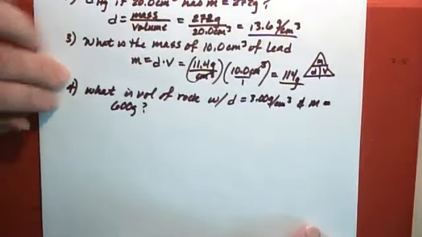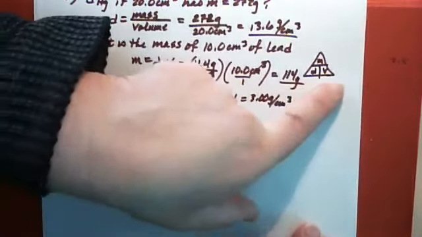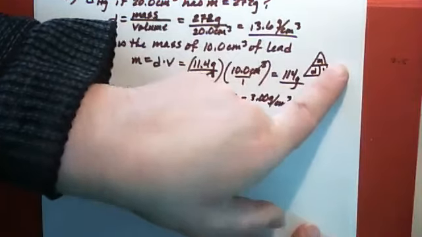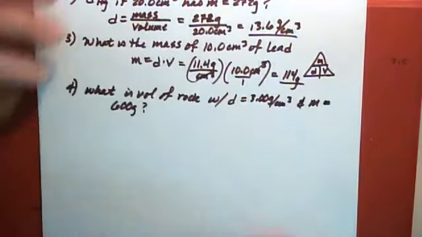Okay, so here's a density problem that involves finding the volume. So according to this table over here, if you want volume, you cover up the V, and volume is mass over density.